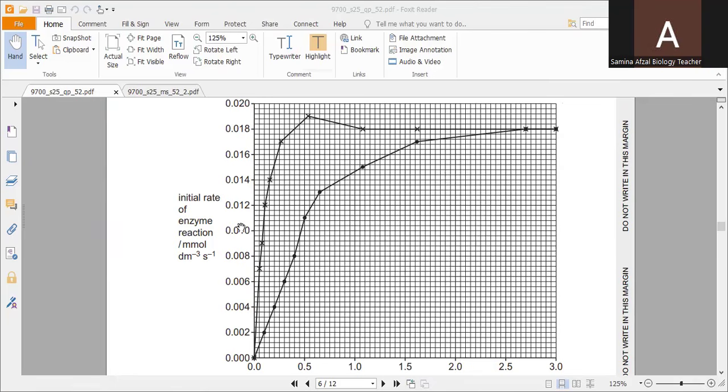To find the Michaelis-Menten constant, first of all, we have to go with half of the V maximum. So this is the half value.